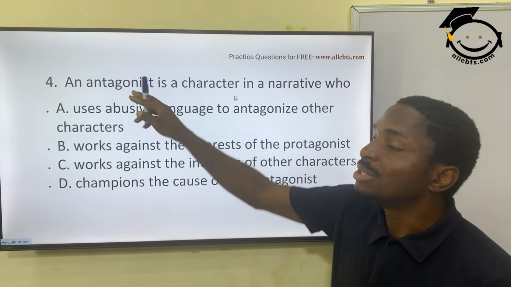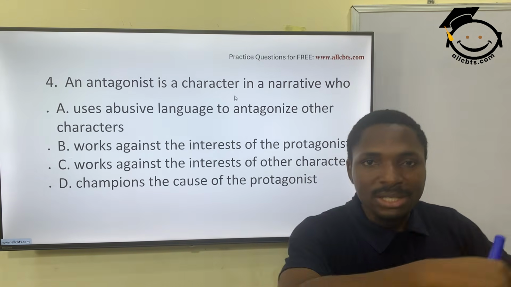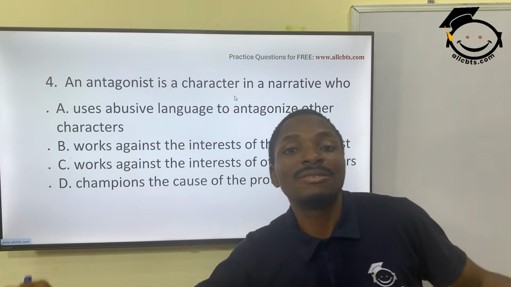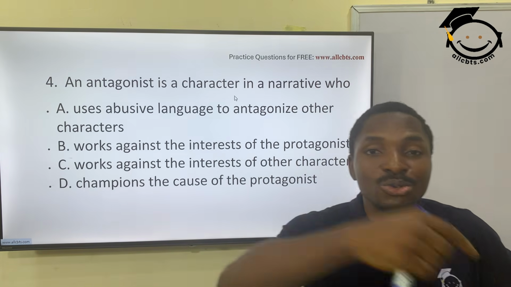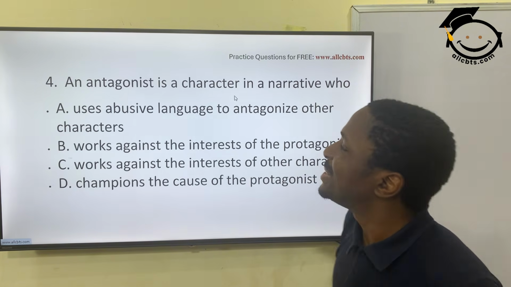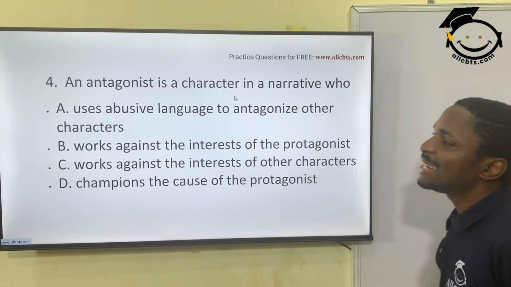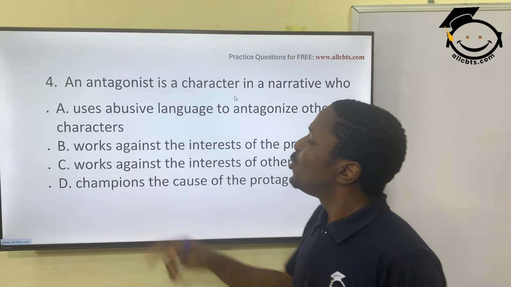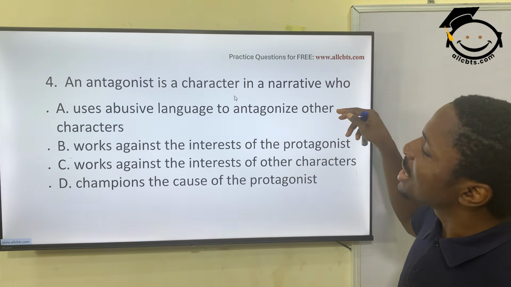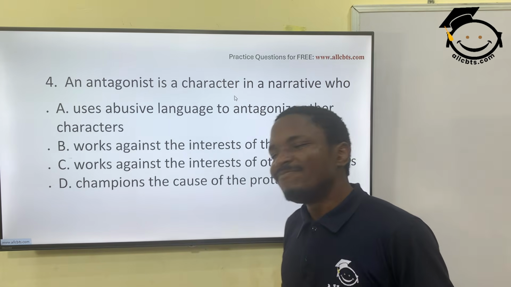So the antagonist is often the opposing character, the one that is fighting, just like the boss fighting the actor. So an antagonist is a character in a narrative who, based on my explanation, uses abusive language to antagonize other characters.